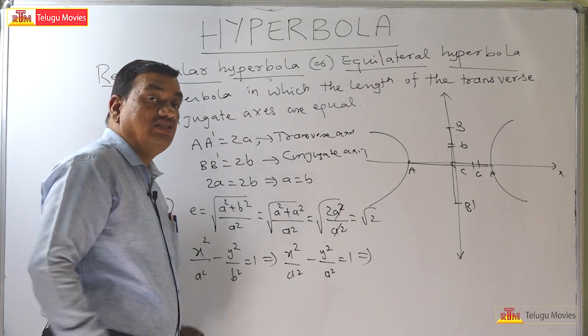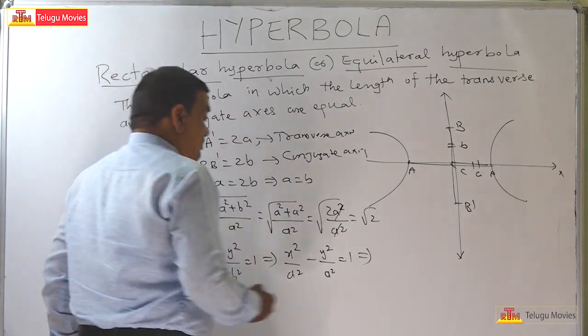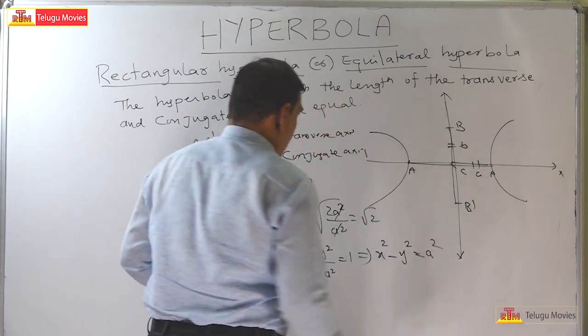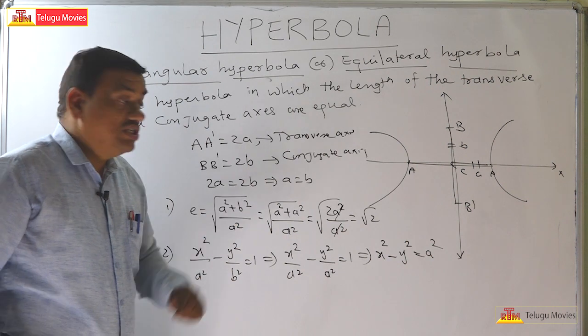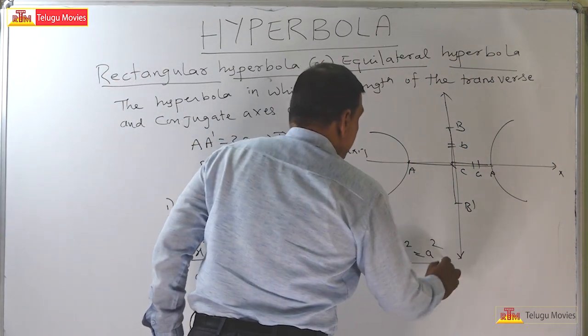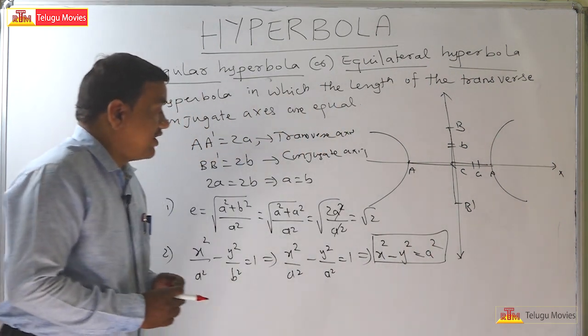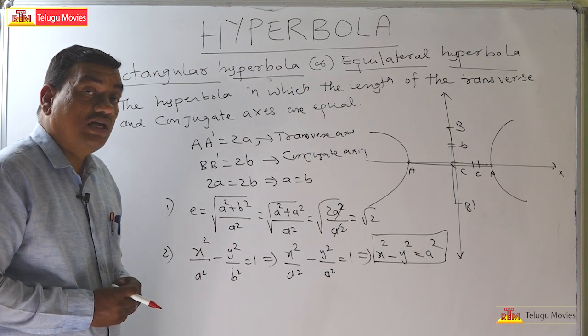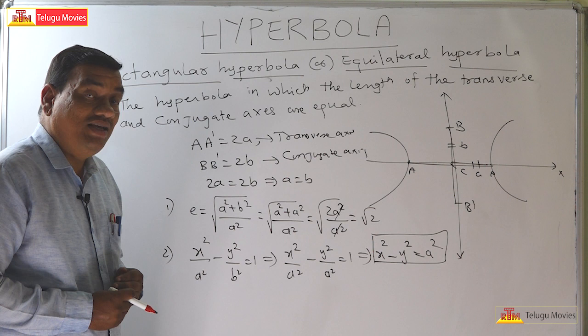Since A is not equal to 0, multiply with a square: x square minus y square is equal to a square. So this is the equation of the rectangular hyperbola.